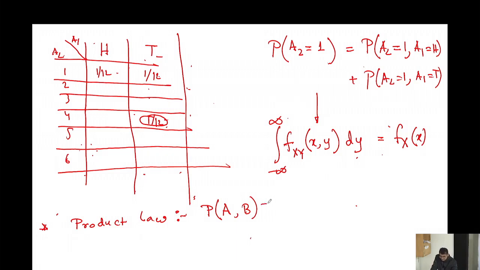This is equal to probability of A multiplied by probability of B given A, where B given A is your conditional distribution. It is the probability of B given A has occurred. Whereas the probability of B alone is what I did above. So, that is the marginal distribution.